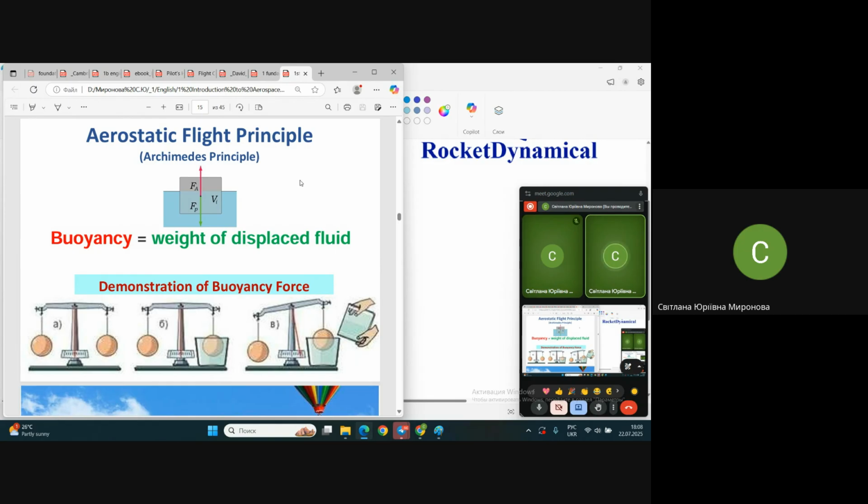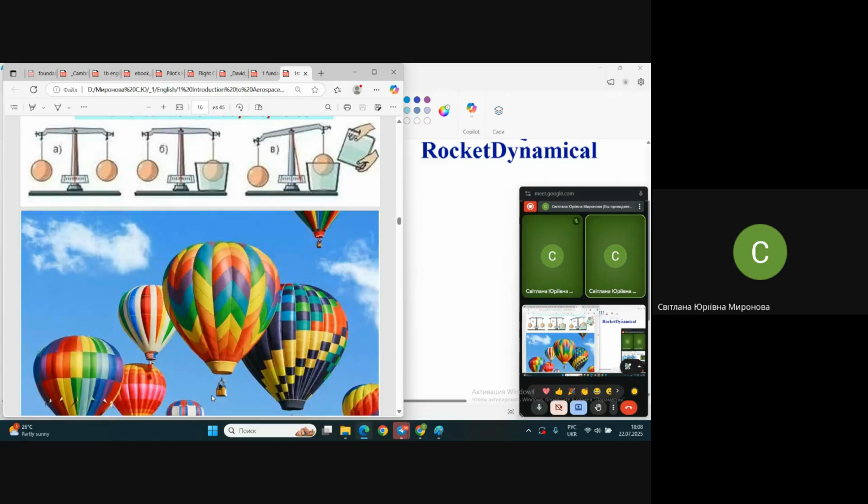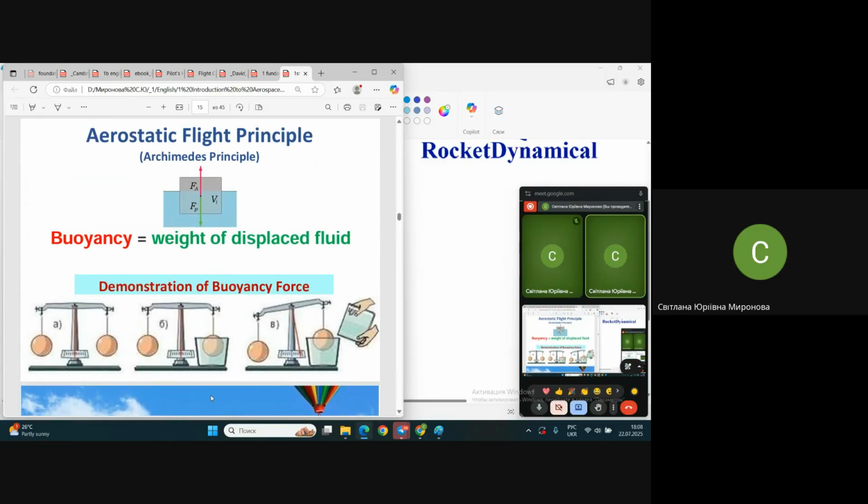So when it comes to aircraft that uses buoyancy force, actually it may fly up only to some level until this buoyancy force, even with the oversized additional volume, will be balanced.